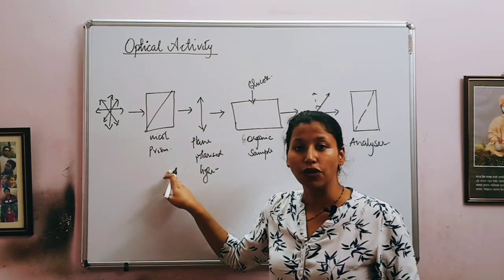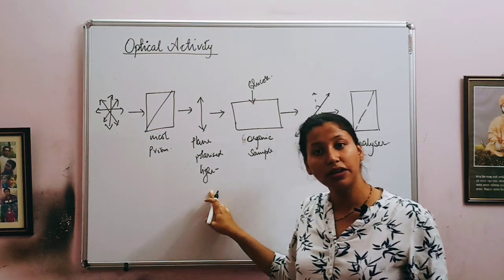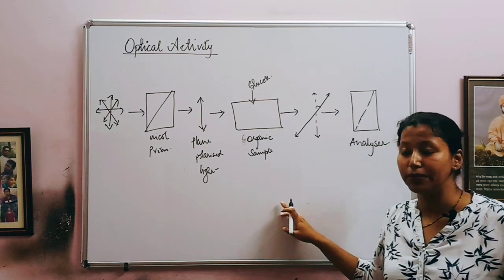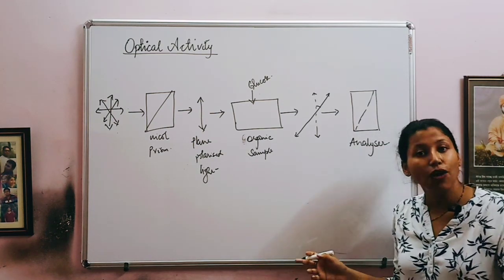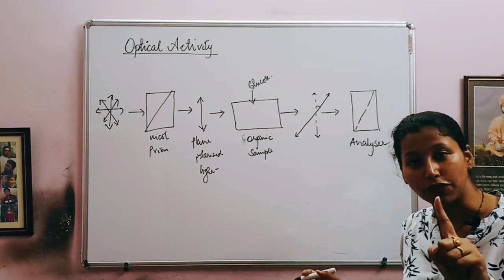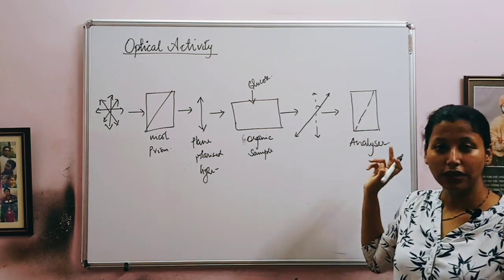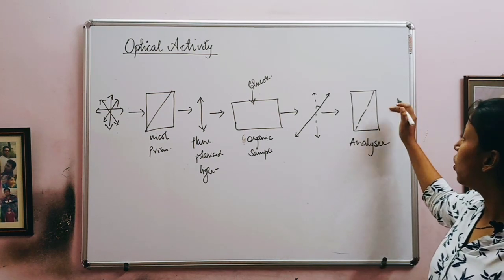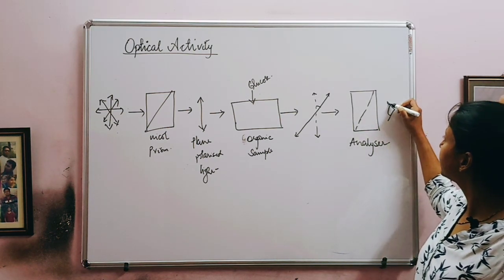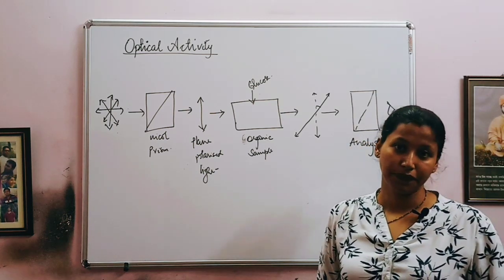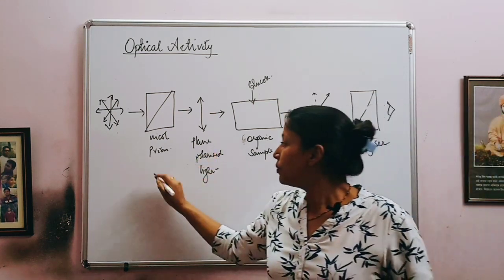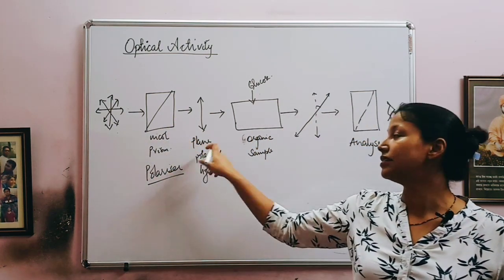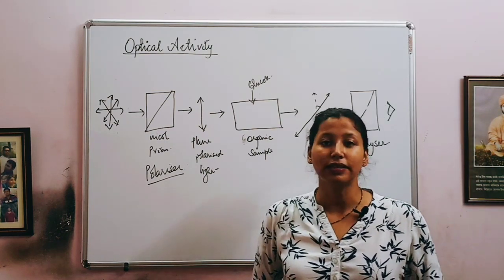Light passes through the nickel prism, getting converted into plane polarized light. This plane polarized light is then allowed to pass through an organic sample. The organic sample may or may not rotate the plane of polarized light, which will be observed by us through the analyzer. Now, the nickel prism will be called the polarizer since it converts light into plane polarized light.